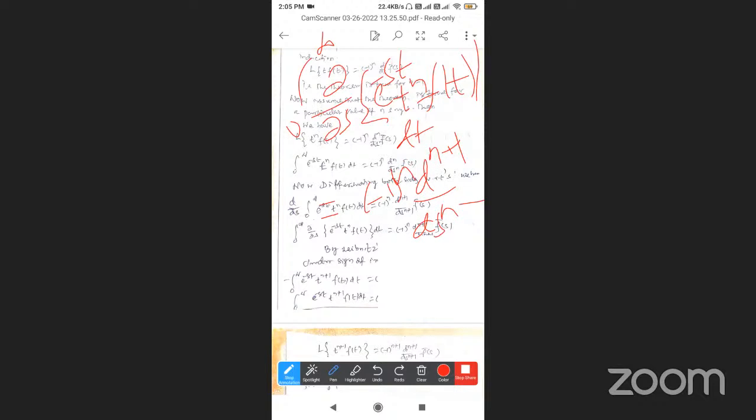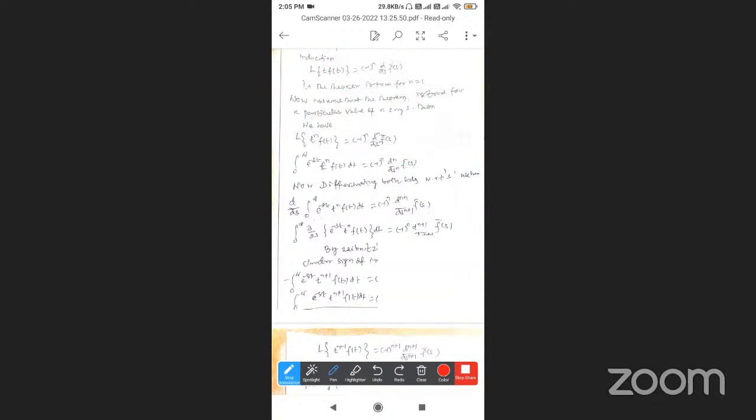What does the Leibniz theorem give? Differentiating e power of minus st gives minus t e power of minus st. So minus the integral 0 to infinity e power of minus st into t power of n plus 1 into f of t dt is equal to minus 1 whole power of n, d power of n plus 1 by ds to the power of n plus 1.